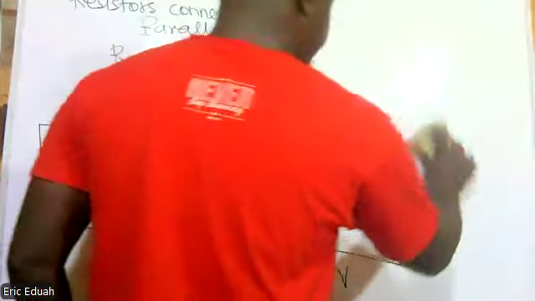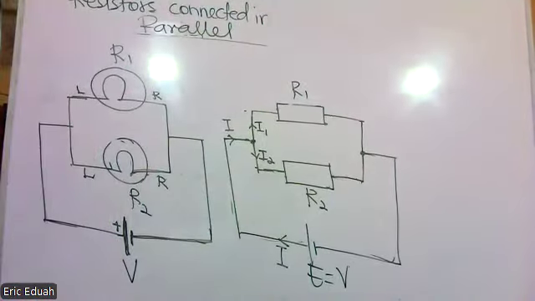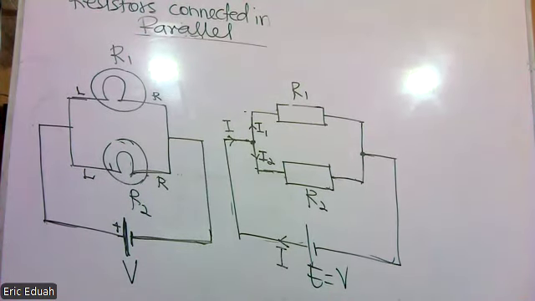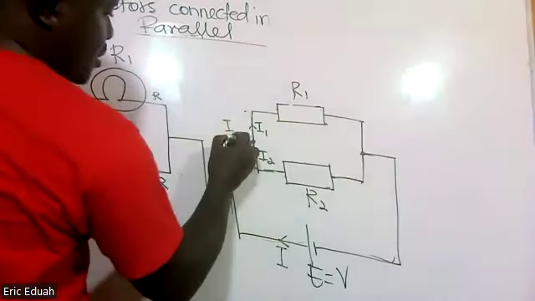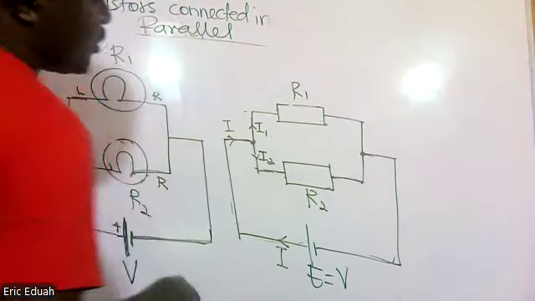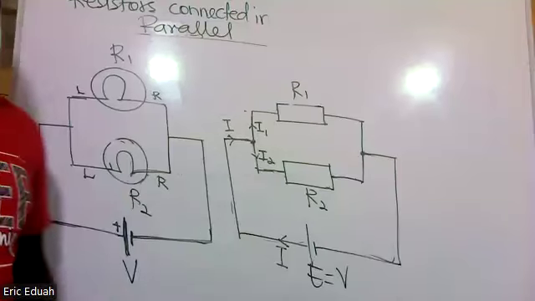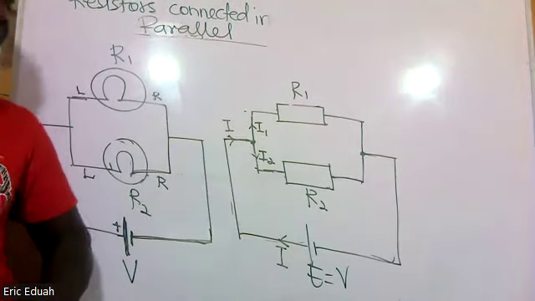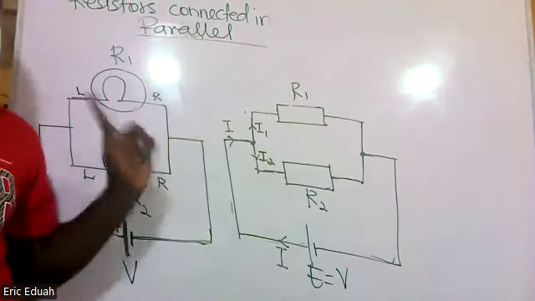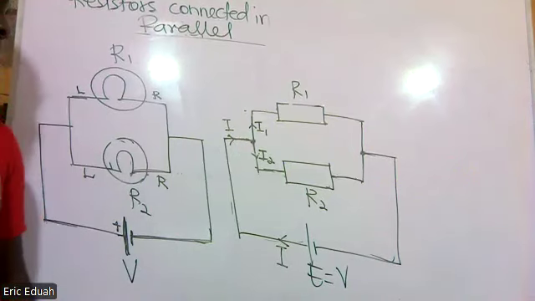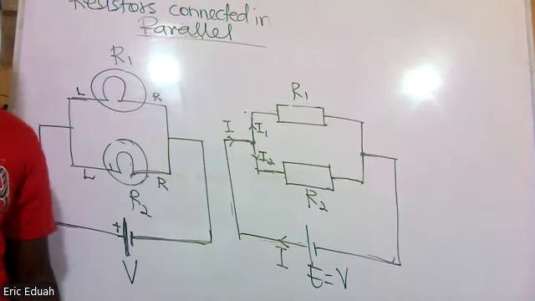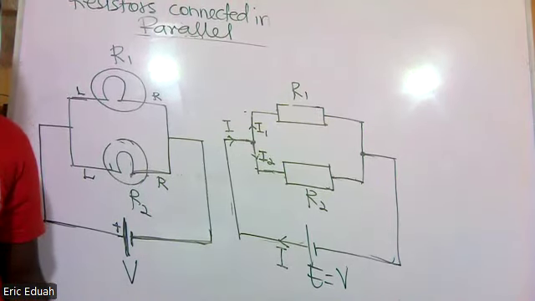Sir, please, if they vary, is it because of maybe the position of the first resistor, the distance from the wire being longer? What is important is that it varies because there is a junction, and a junction is any point where three or more wires connect.